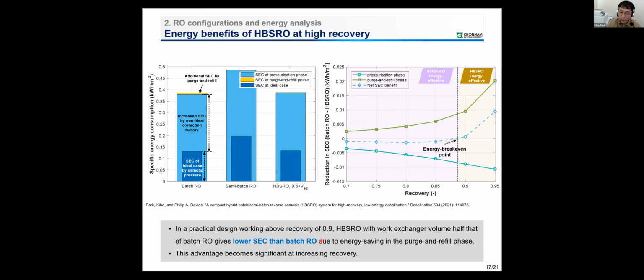So over 90% recovery, for example, the minimum liquid discharge or zero liquid discharge system, the hybrid batch RO system can be a very competitive solution in terms of energy consumption rather than the batch RO system. So the advantage becomes significant at increasing recovery.